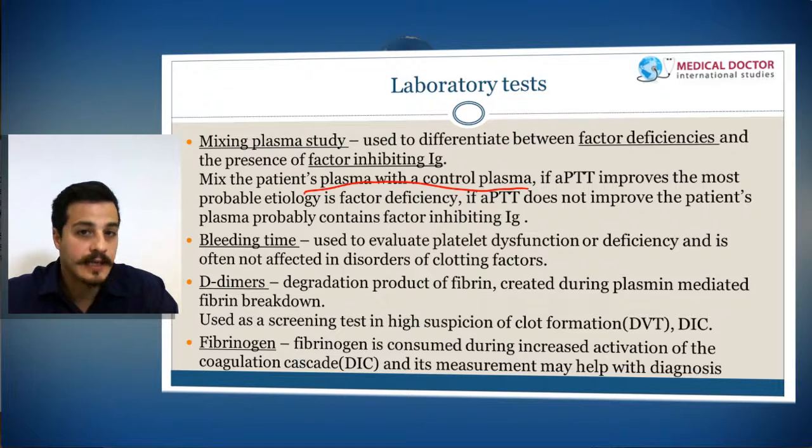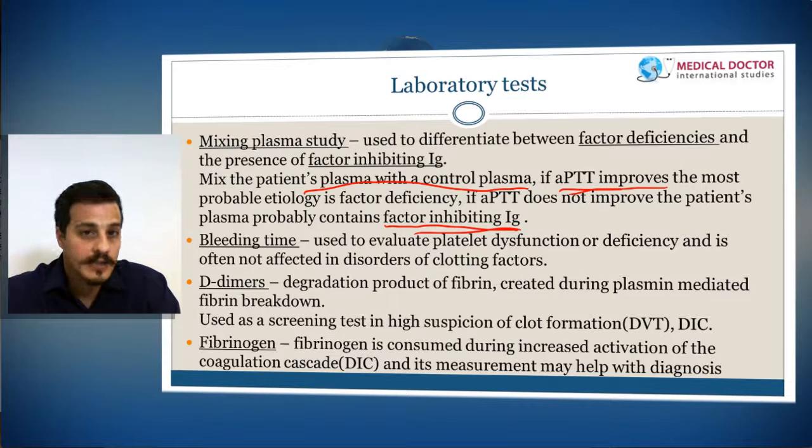and retest the APTT. If it improves, it means that we had a factor deficiency, because when we mixed the patient's plasma with the control plasma, the APTT improved. But if the APTT does not improve, then most commonly we have an antibody which is inhibiting a certain factor.